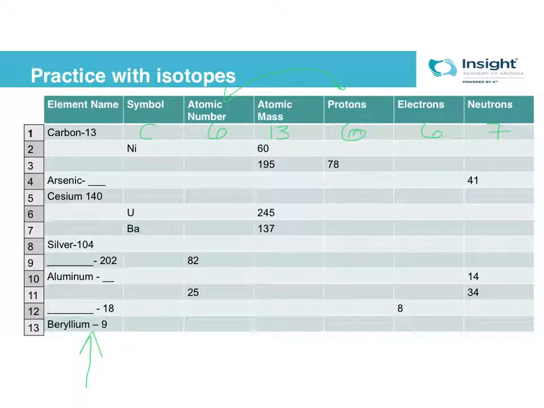So just to do one more quick one. Let's see, nickel. When I write out this name, I'm going to write nickel 60. Actually, I don't know the atomic number of nickel. I need to look that up really quick.